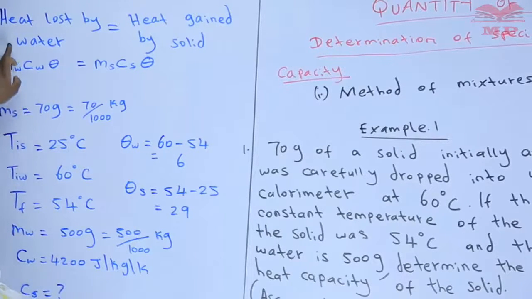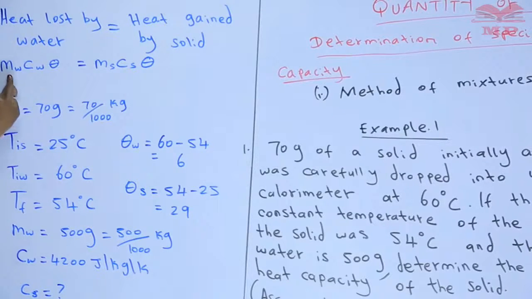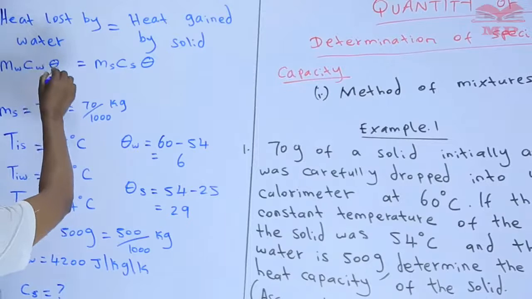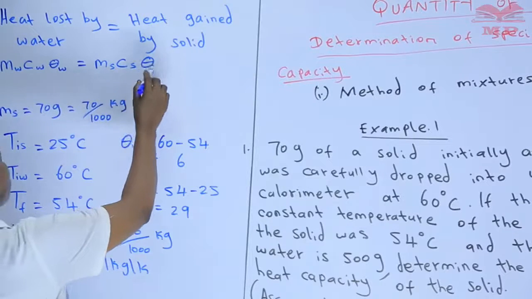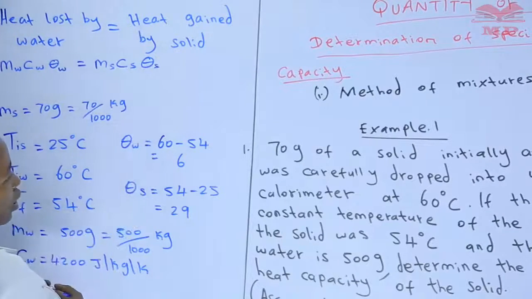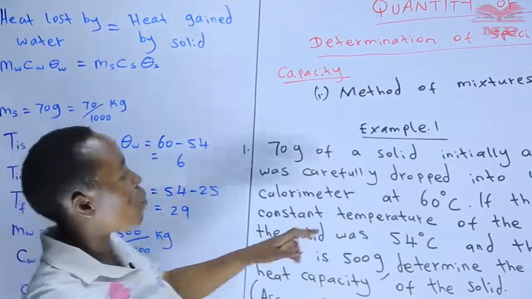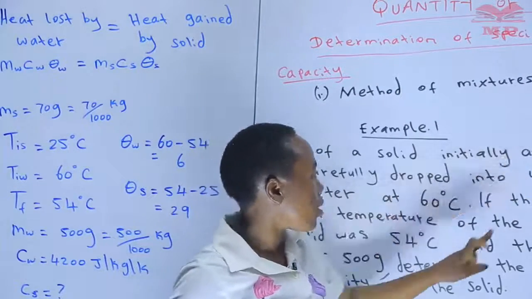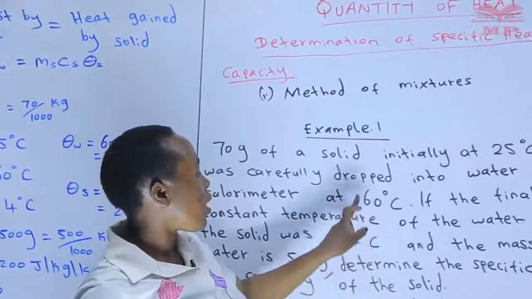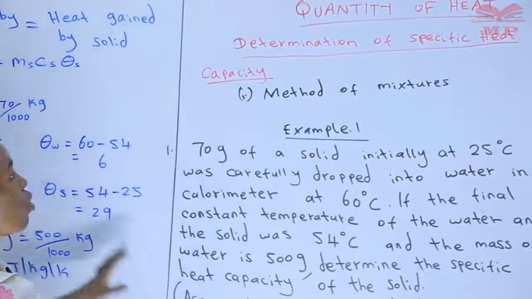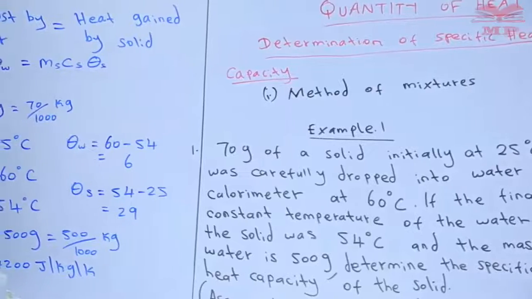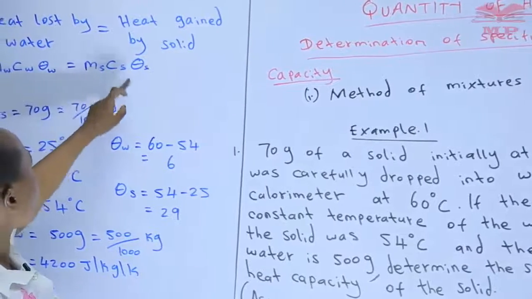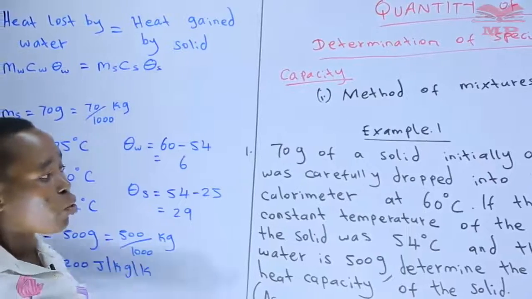And as we said, the formula for calculation of heat energy is mass times specific heat capacity times change in temperature. Here it is the change in temperature for water, and here is the change in temperature for the solid. The temperature of the solid changes from 25 to 54, for water from 60 to 54.